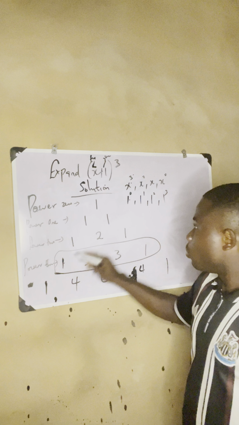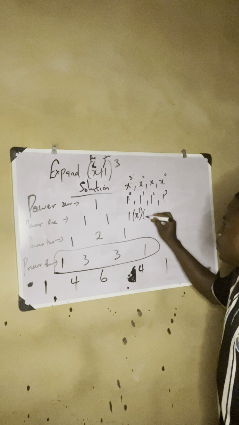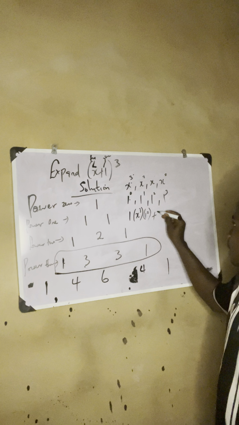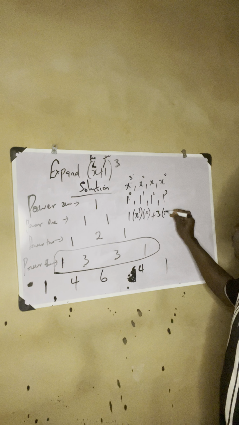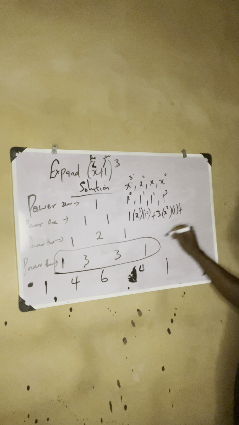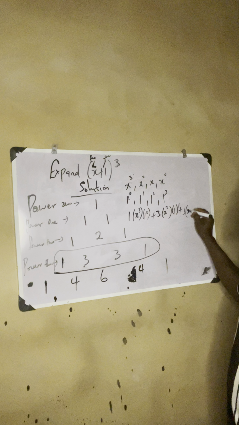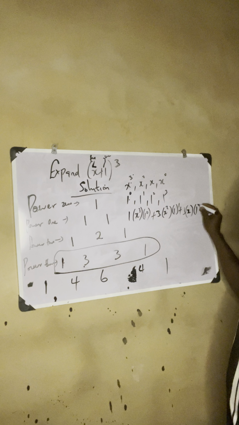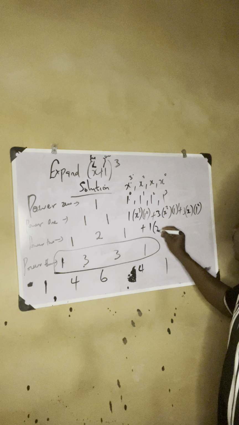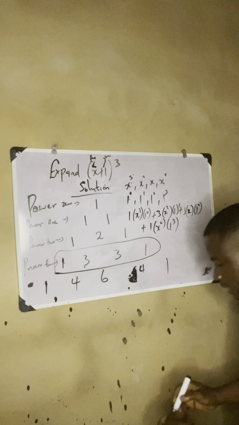This is what I mean. 1 times x raised to power 3 times 1 raised to power 0, plus 3 times x raised to power 2, 1 raised to power 1, right? Like that. Plus 3 times x times 1 raised to power 2, plus 1 times x raised to power 0 and 1 raised to power 3, like that.